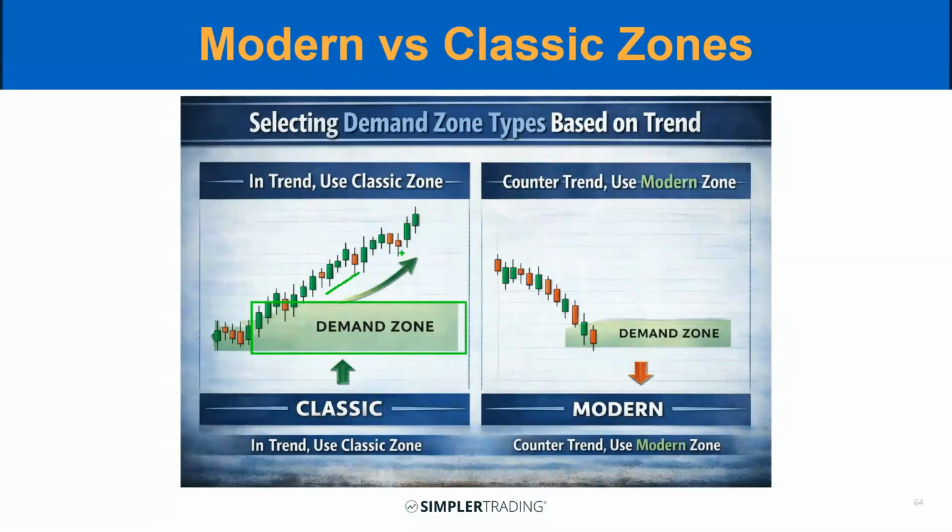That demand zone is wider because the trend is bullish. Now look at the counter trend and the idea of using a modern zone. It is more narrow because the current trend is bearish. Okay?